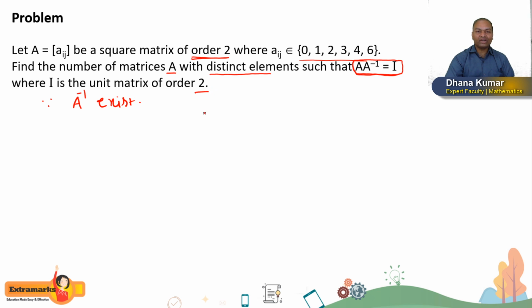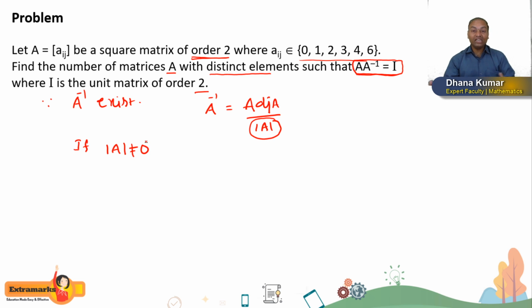What is the formula for A inverse? Generally, A inverse is adjoint A by det A. If det A is not equal to 0, then the inverse exists or not? Right, the inverse exists. Now easy, I think, right?